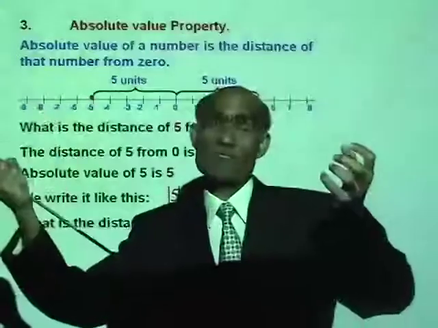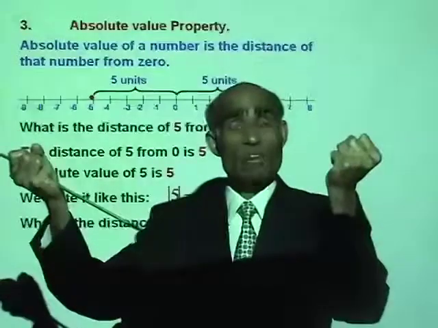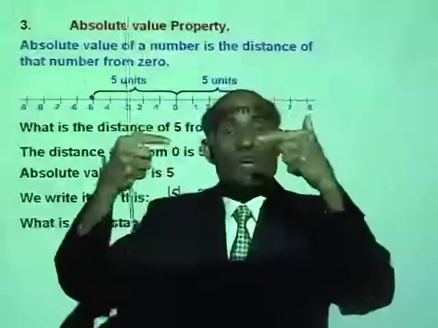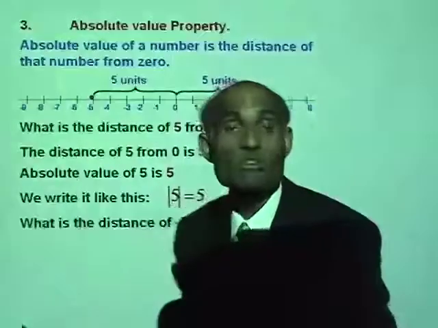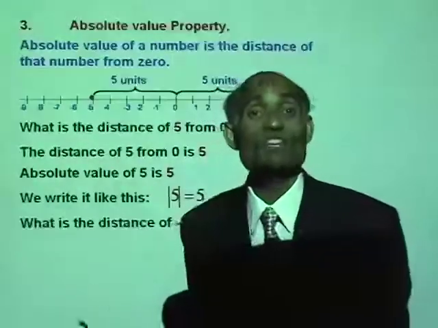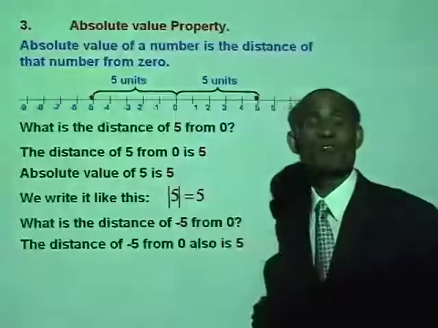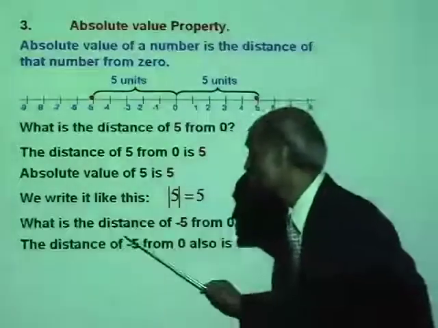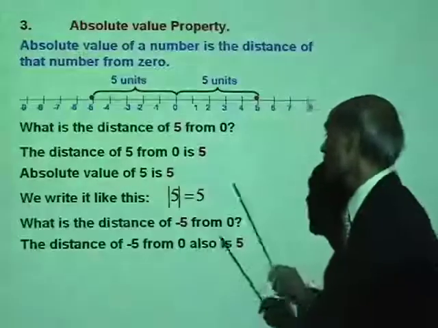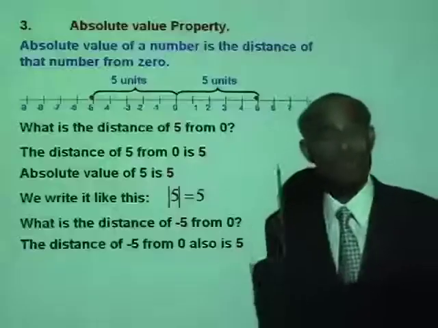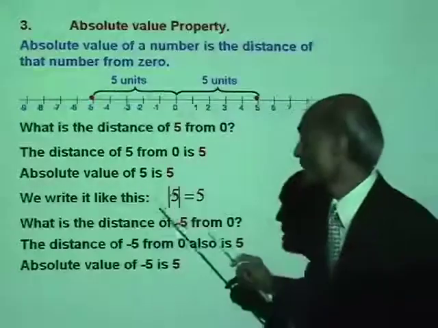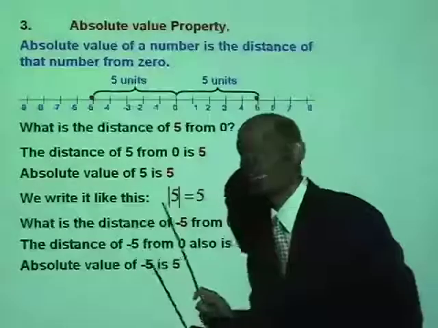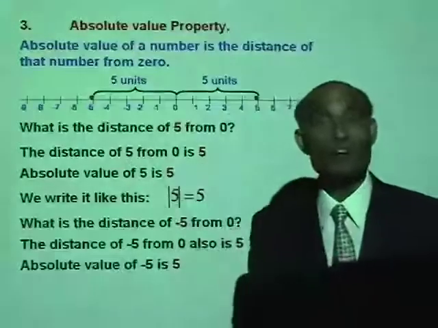So 5 and negative 5 are at equal distance from 0. The distance of negative 5 from 0 is also 5. That means the absolute value of negative 5 is also 5.